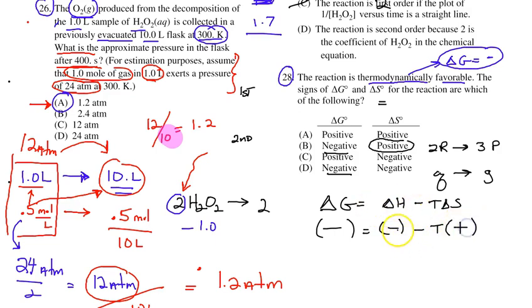It must be positive because 2 reactant molecules are becoming 3. We can see here that this becomes mathematically plus the negative, and a negative plus a negative always gives me a delta G that's negative. I'll call it the always rule. So in any case, either way you look at it, 28 is B.